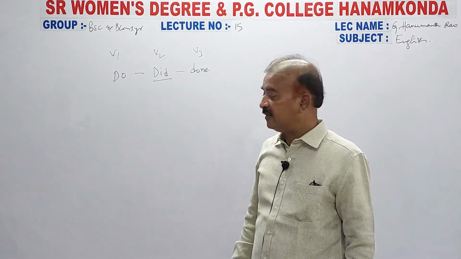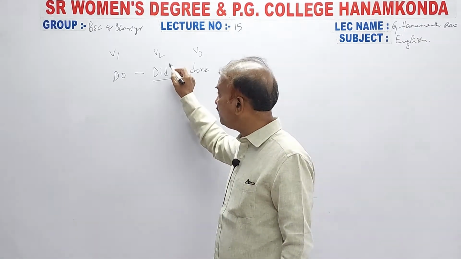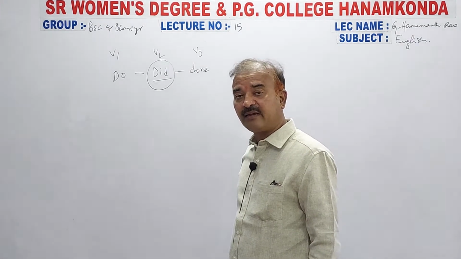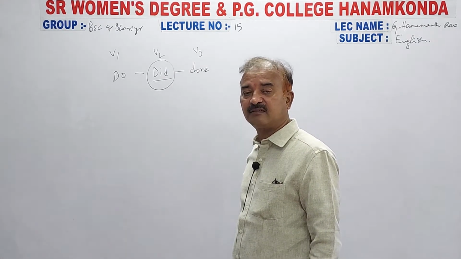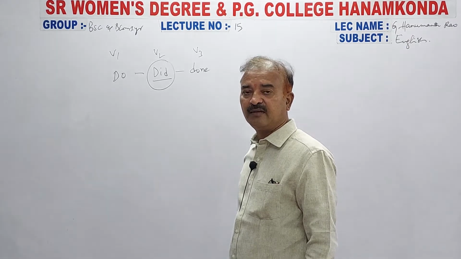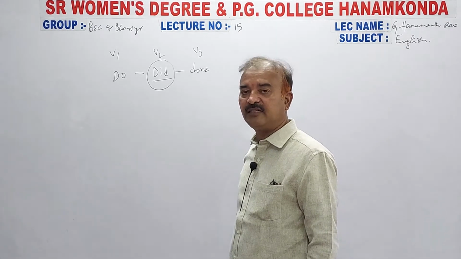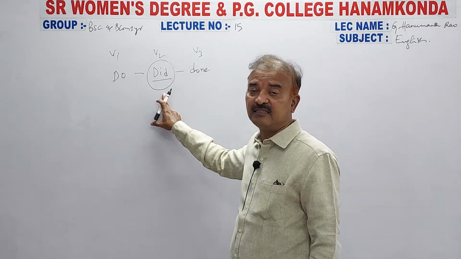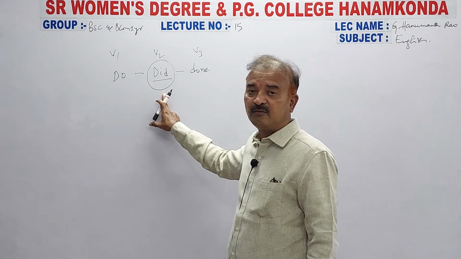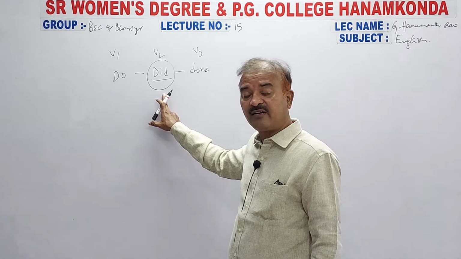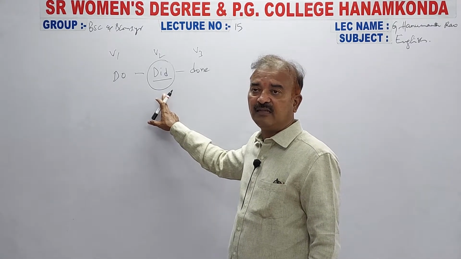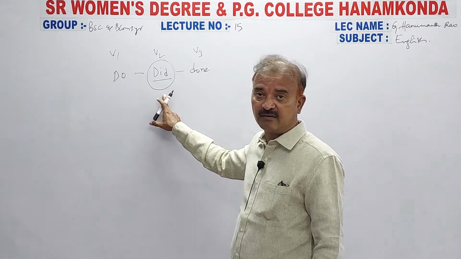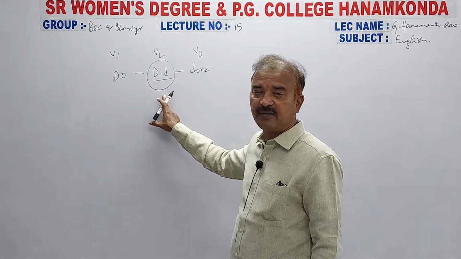Now, several times I observed many of you make a mistake in using these things. And what are they? For example, when you are using this did in a sentence, whether in spoken English or written English, I several times observed mistakes creeping in.